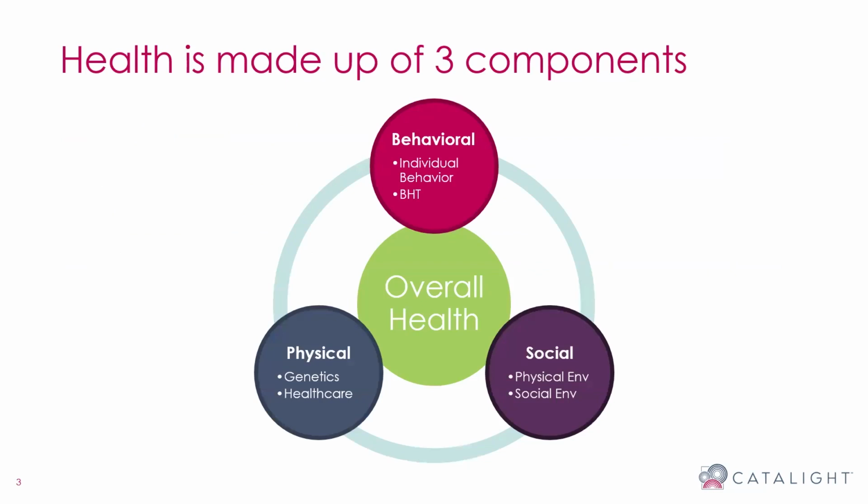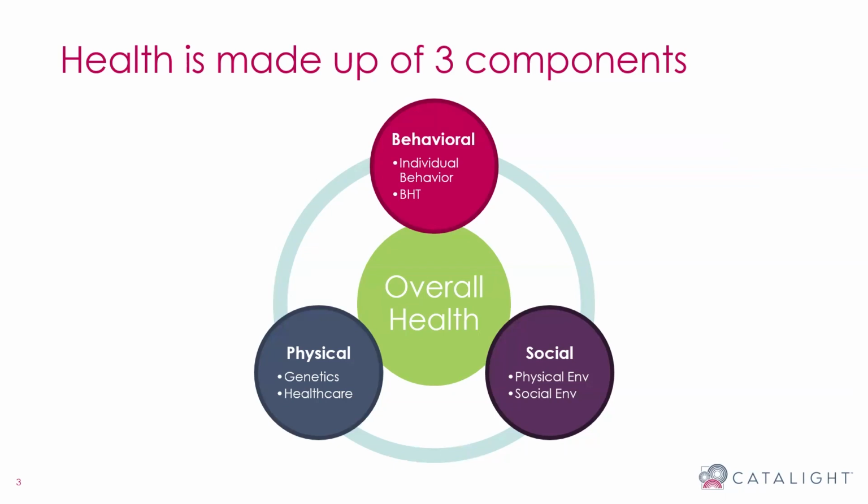So first, let's talk about health. Health is actually made up of 3 components. I like to simplify it to behavioral health, physical health, and social health. Behavioral health includes 2 components: individual behaviors, as well as the type of treatment or therapy that people are getting.